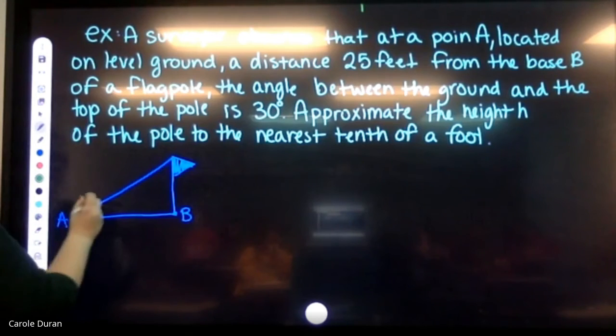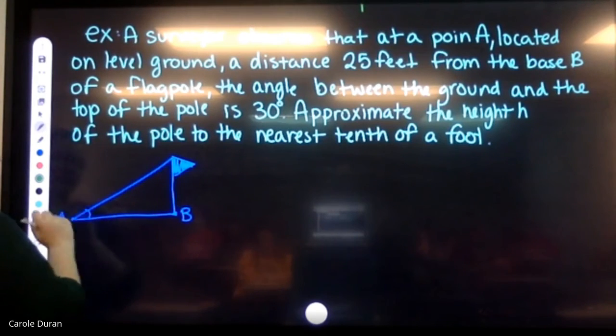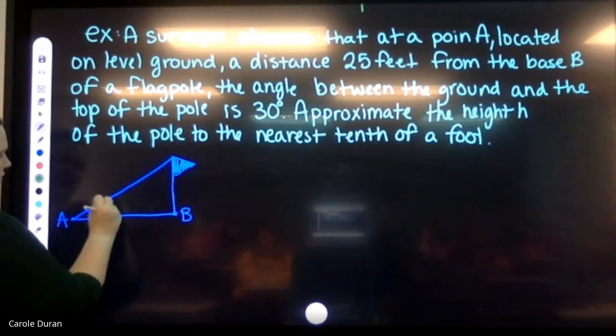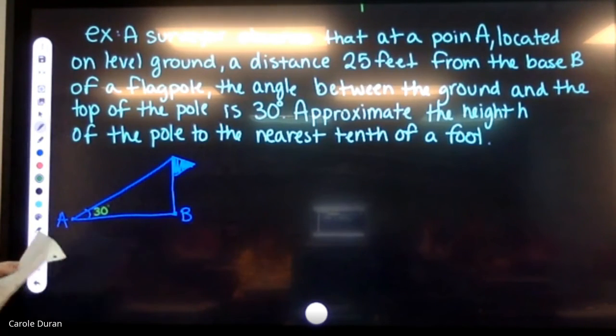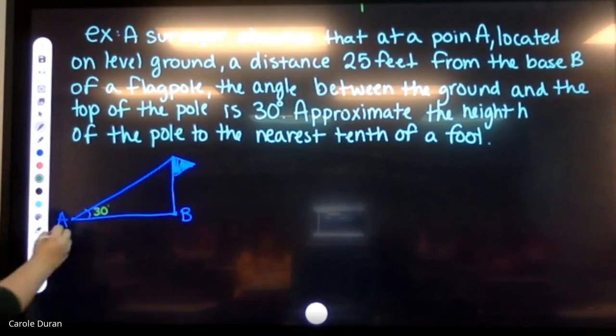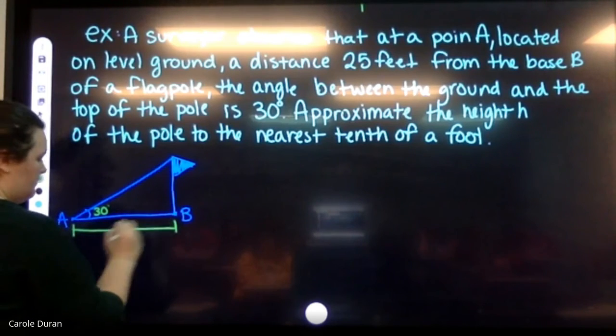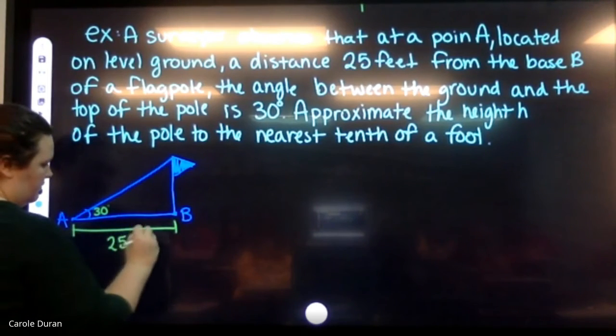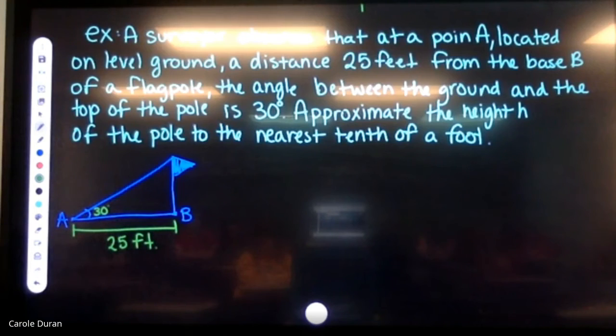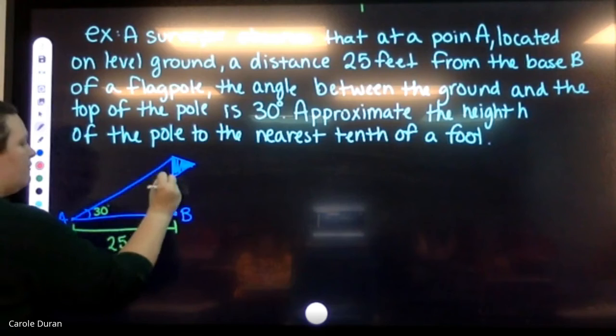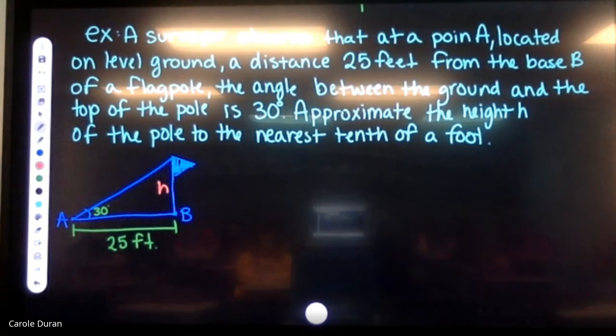The angle then between the ground and the top of the flagpole, this distance away, is 30 degrees. And I also know that my surveyor is 25 feet from the base of the flagpole. It asks me then to solve for the height of that flagpole, h. Okay, so I drew a pretty picture.